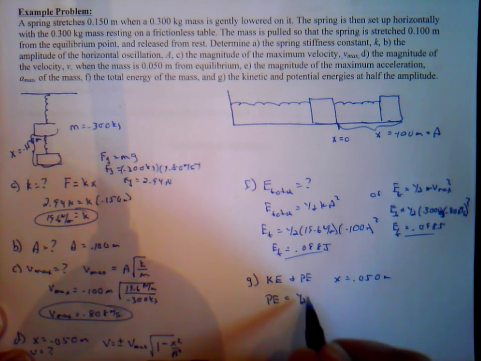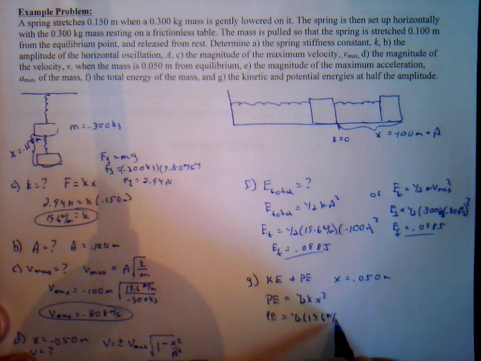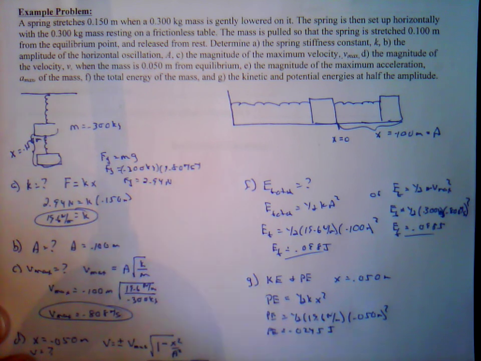Potential energy is 1/2 k x squared. So this potential energy is 1/2 times 19.6 newtons per meter times 0.050 meters squared. We get that potential energy to be 0.0245 joules.